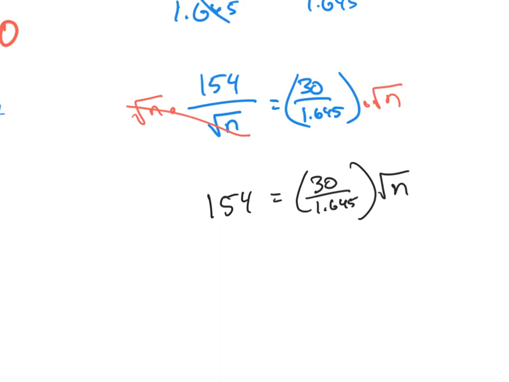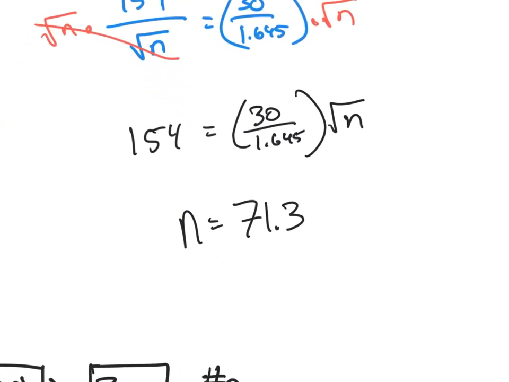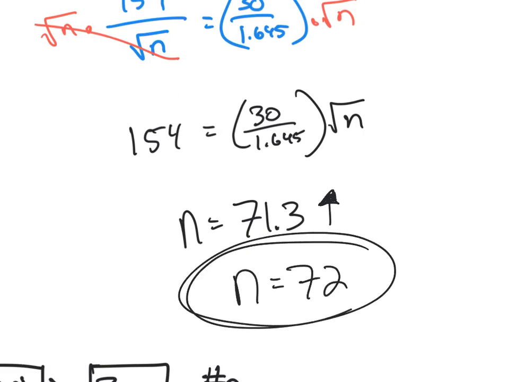You're going to square that value to undo the square root. And when I do that, I get n equals 71.3. Remember what we said yesterday: always round up. When you're talking about people, you always round up. No matter how close that is to 71, my actual answer will be 72. Always round up.